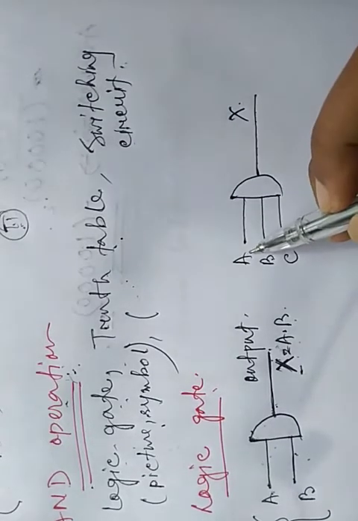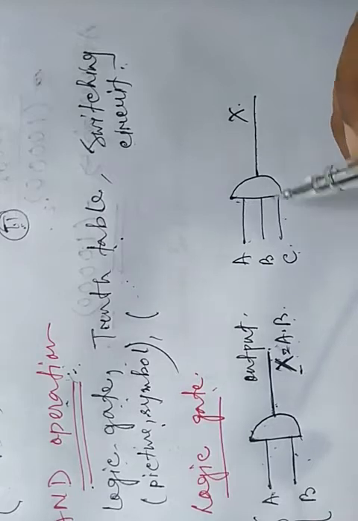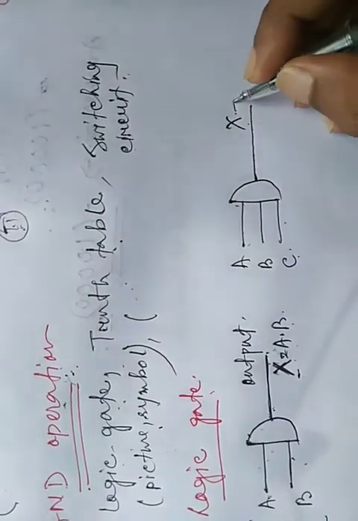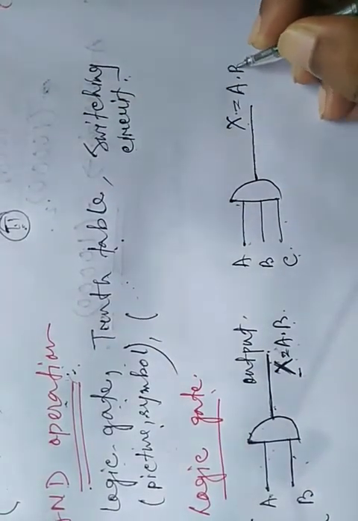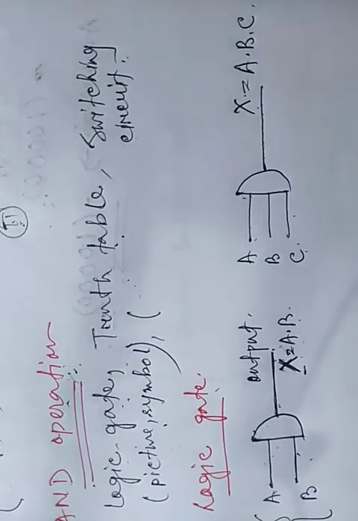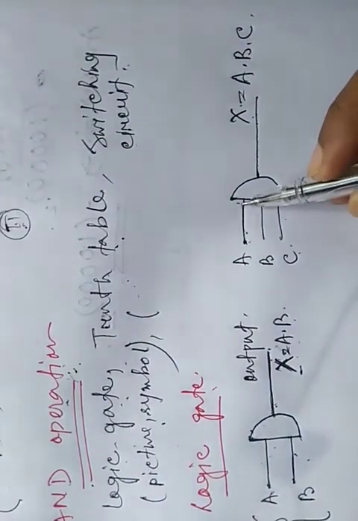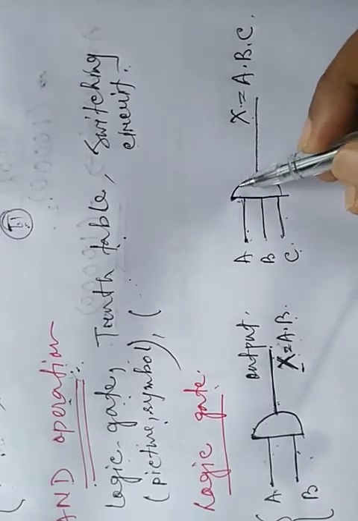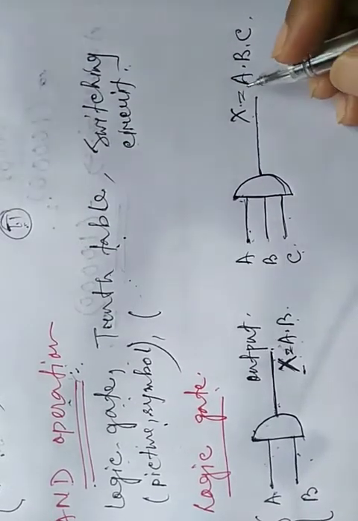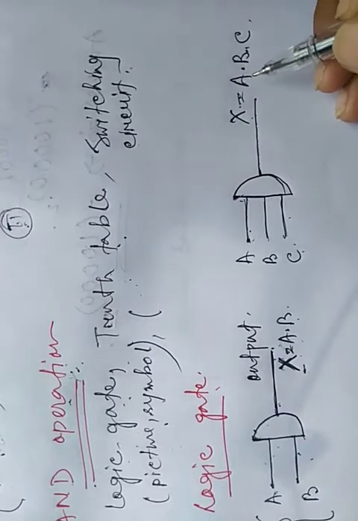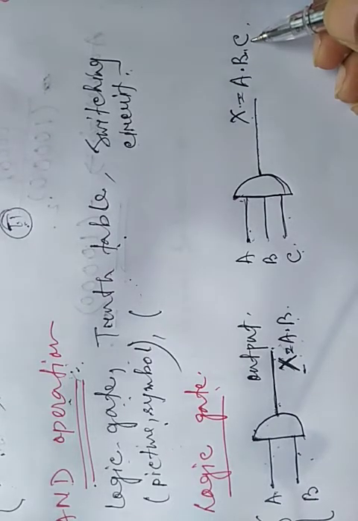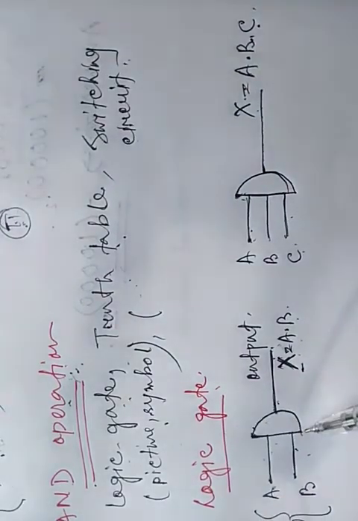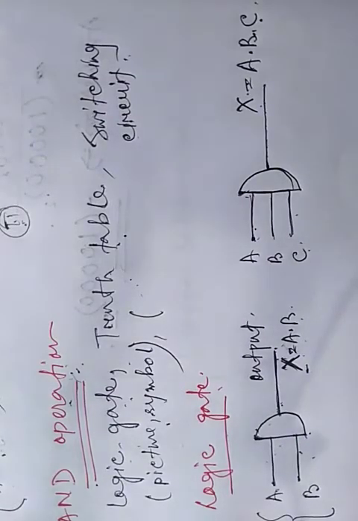Here with A, B, C as 3 input signals and X as the 1 output, X is denoted by A dot B dot C. So we can write as many input signals as we want in any AND gate, but minimum 2 input signals are required, and the output is denoted by all the variables using the dot symbol. So these are the logic gates of AND operation.